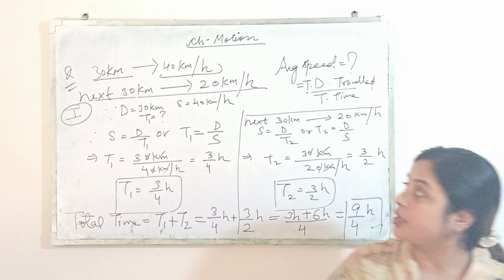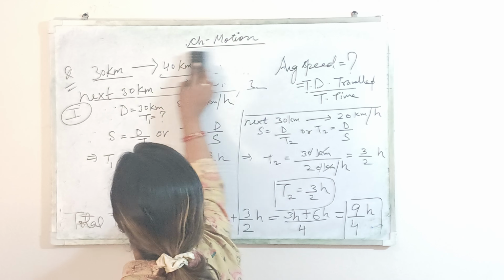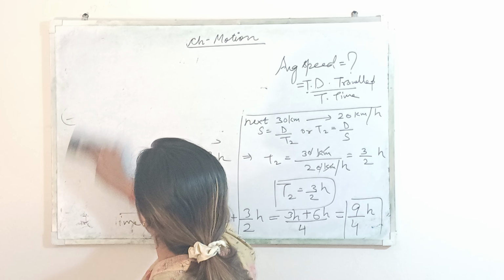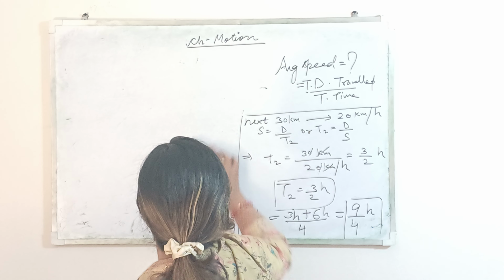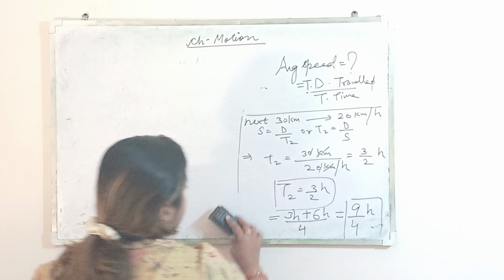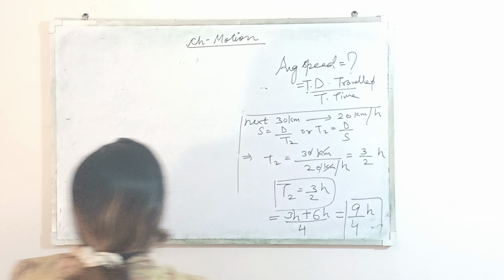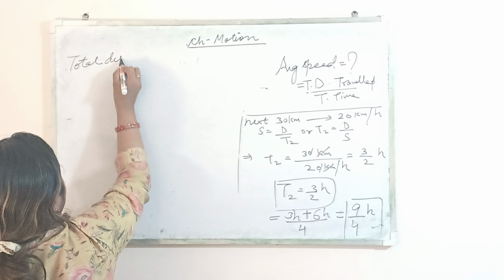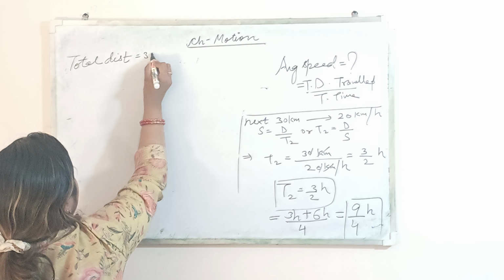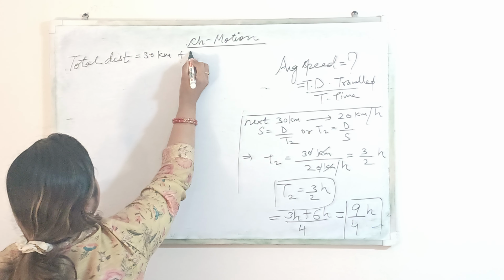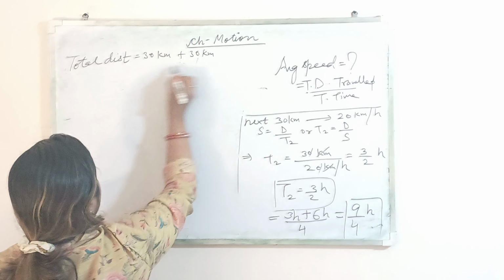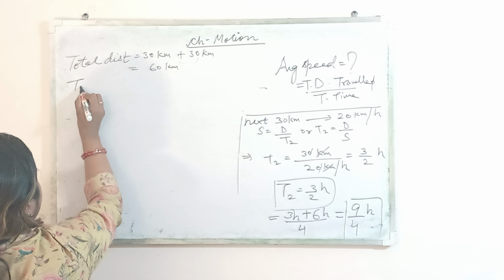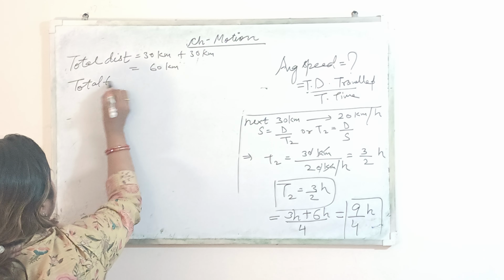And what will be the total distance? Total distance, 30 kilometer plus 30 kilometer, how much? 60 kilometer. And total time, how much have we calculated?